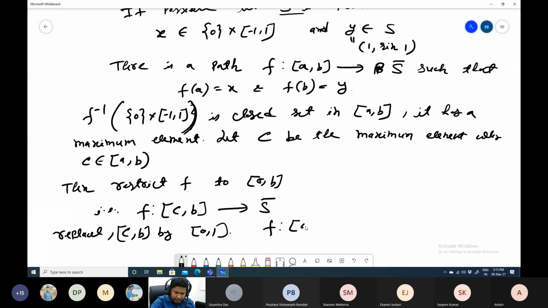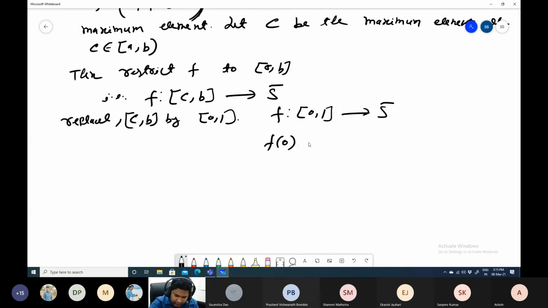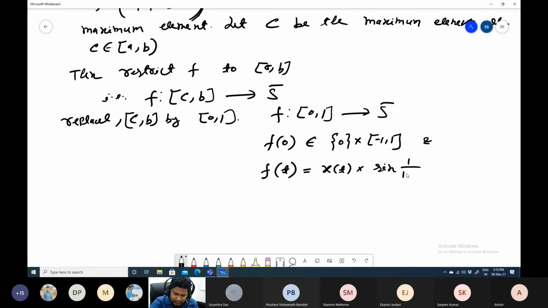That is f is a function from [0, 1] to this, such that f of 0 belongs to that set, okay, because it is the maximum point, and f of t equal to some (x(t), sin 1 by x(t)), so this one for t bigger than 0 and x(t) also bigger than 0.